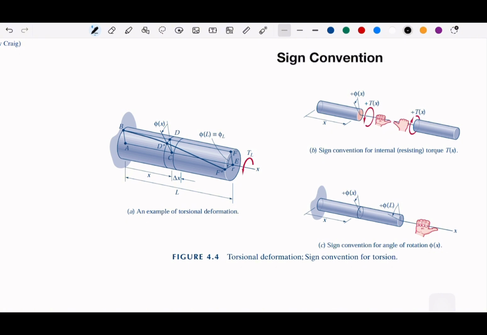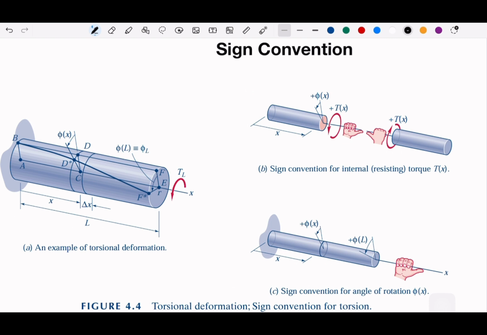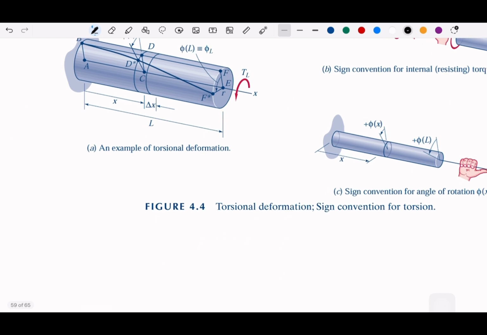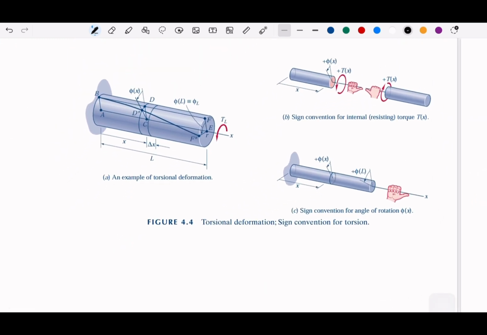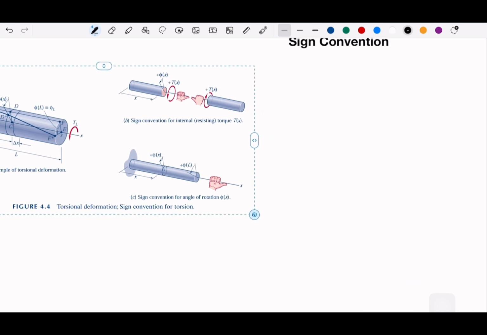And then we are going to twist and give a torque. So first, we are giving a positive torque in this way. Okay? This is the sign convention for the internal torque. So let me define the torque first. Maybe let me draw on the left here.